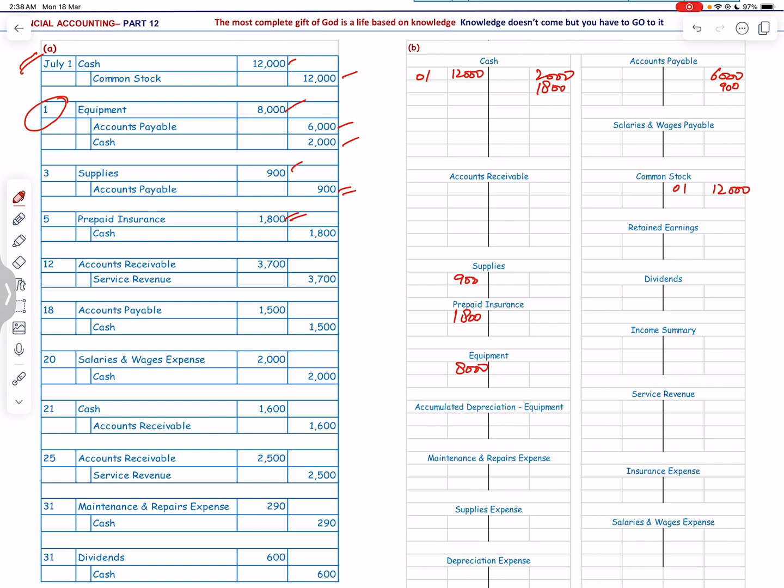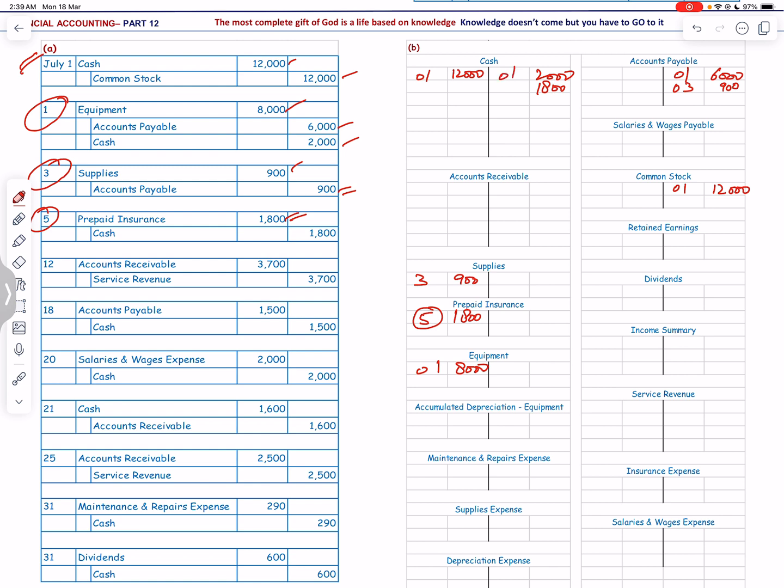Accounts payable is credited again and the date is 3rd of July. Then we have prepaid insurance, 5th of July. Equipment is 1st of July. And then cash is credited on 1st of July and cash is credited on 5th of July as well.